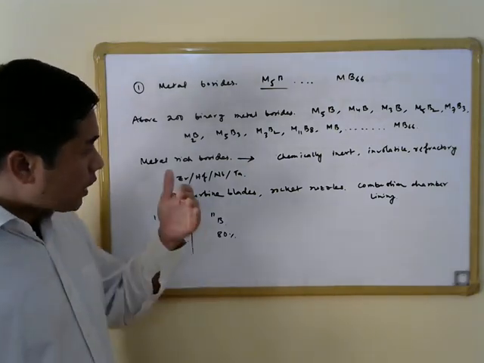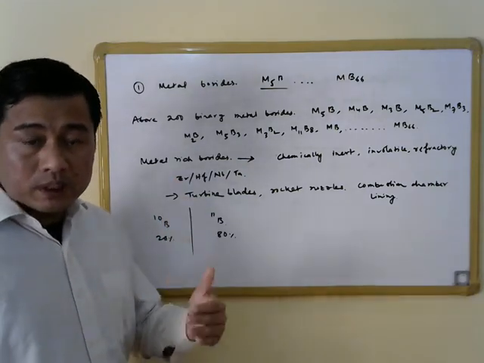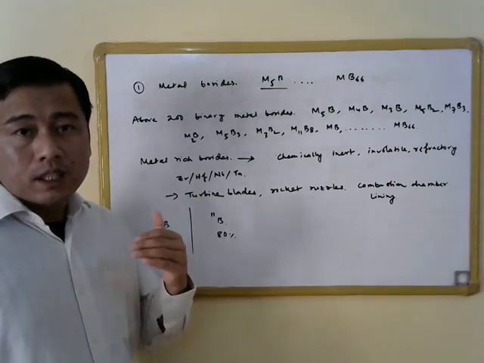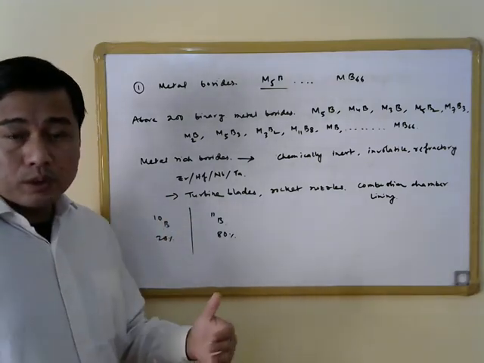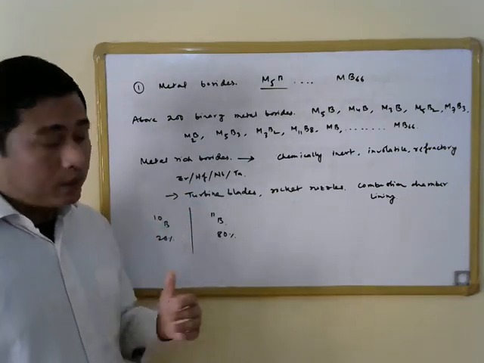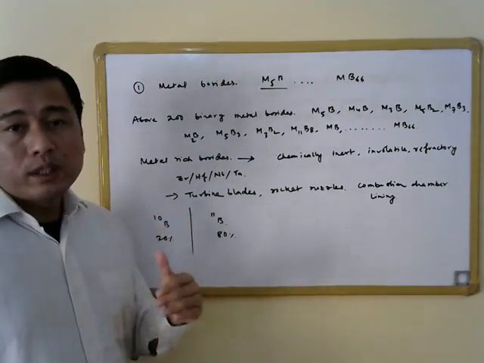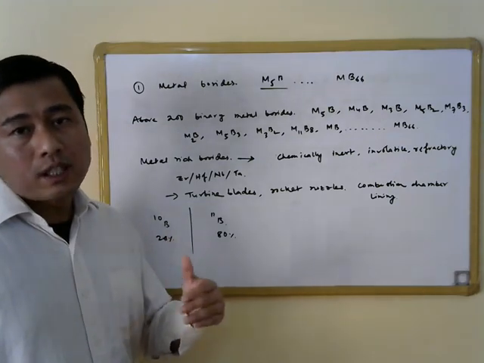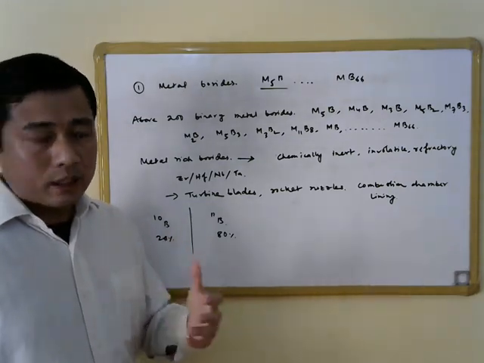At the same time, because these metal borides can withstand high temperature and can absorb neutrons or other radioactive particles, they are also used as nuclear shields in such nuclear technologies.